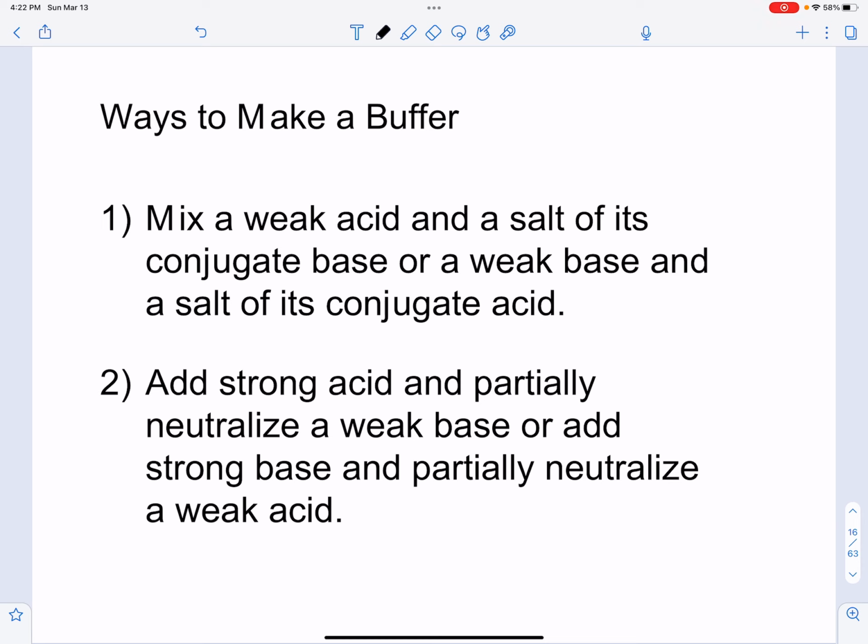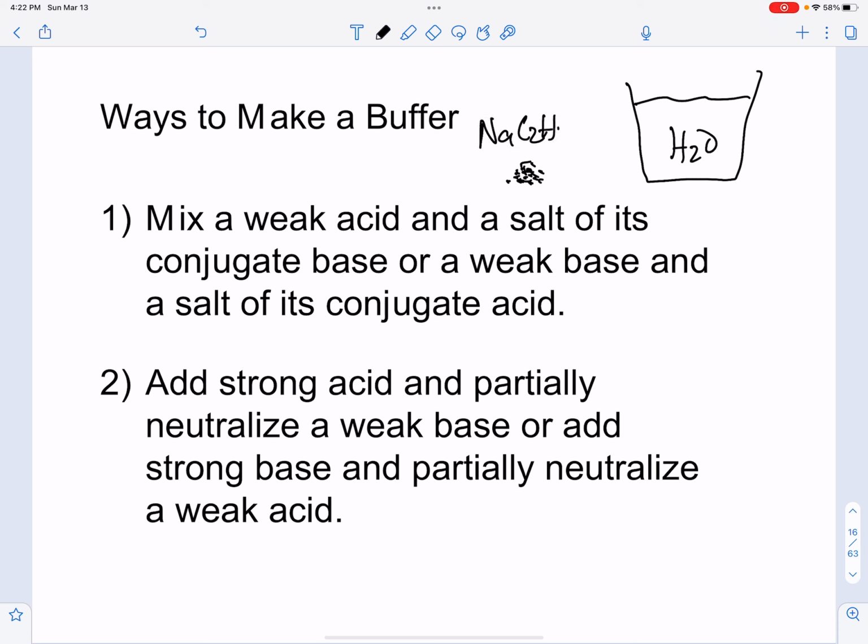So how can you make a buffer? Well, there are two ways to make a buffer. You need to have an acid and its conjugate base, or you need to have a base and its conjugate acid. So you can take, for example, pure water, and you can add a little bit of, let's say, sodium acetate.